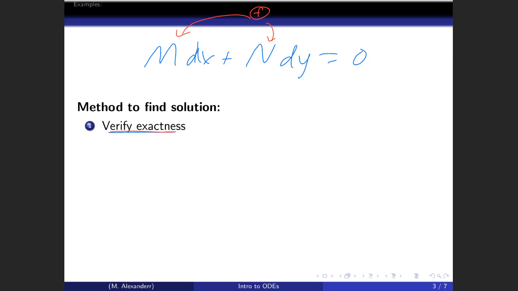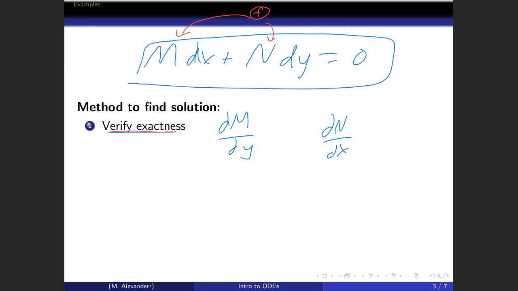We are going to calculate the following information. We differentiate the function M with respect to the y variable, and we differentiate the N function with respect to the x variable. Notice that in the equation, the M is next to the dx and the N is next to the dy, so make sure you pay attention to that. To verify exactness, we calculate these derivatives, and what we want to check is whether these are equal to each other.